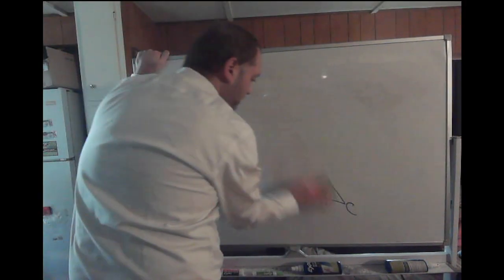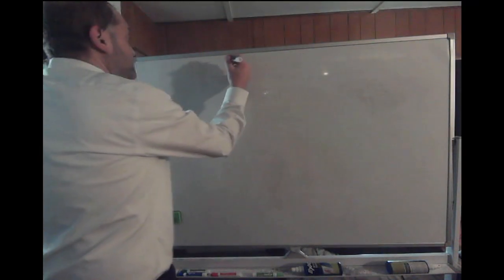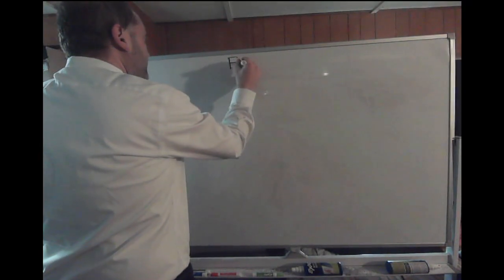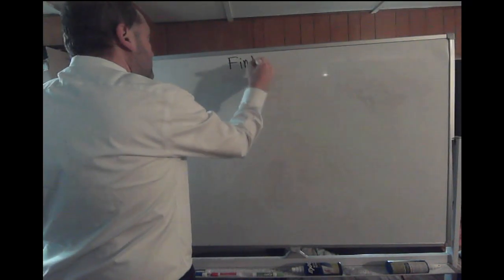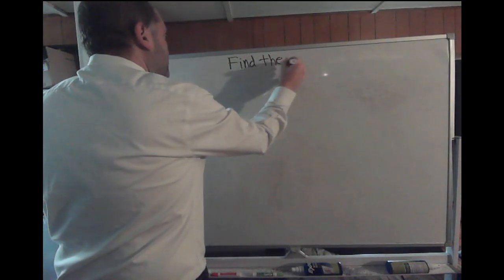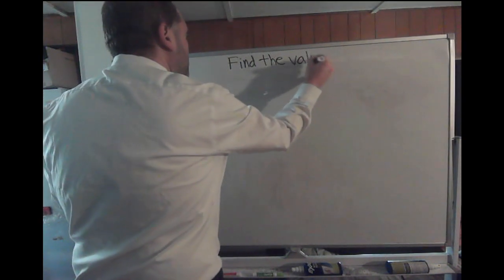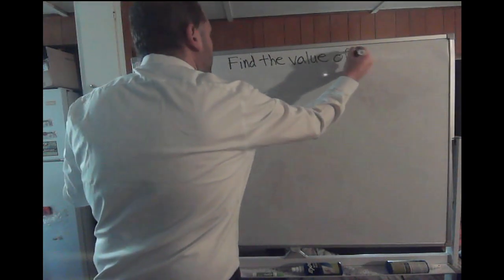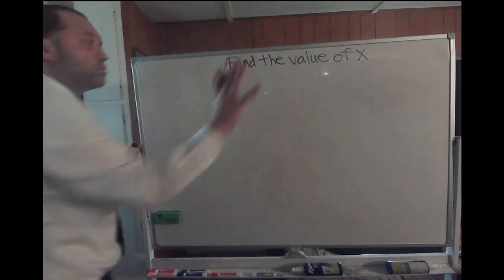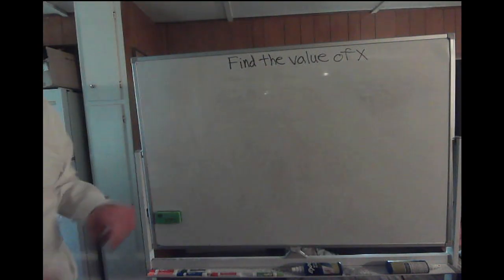Alright, so now we're going to do some exercises here to put what we've learned today into practice. And these ones, it's a classic: find the value of x. So it's another one of those, we're going to find the value of x.